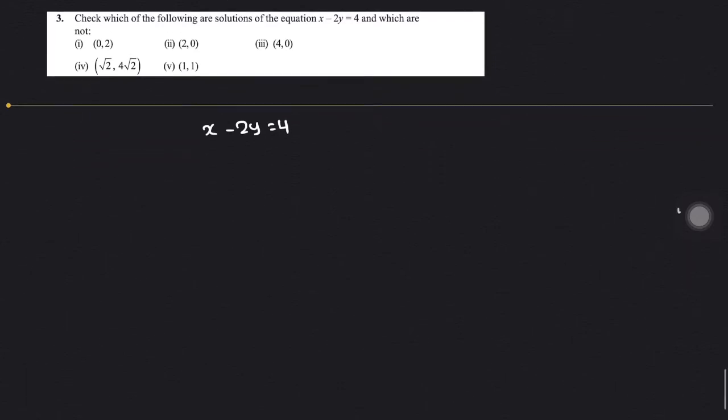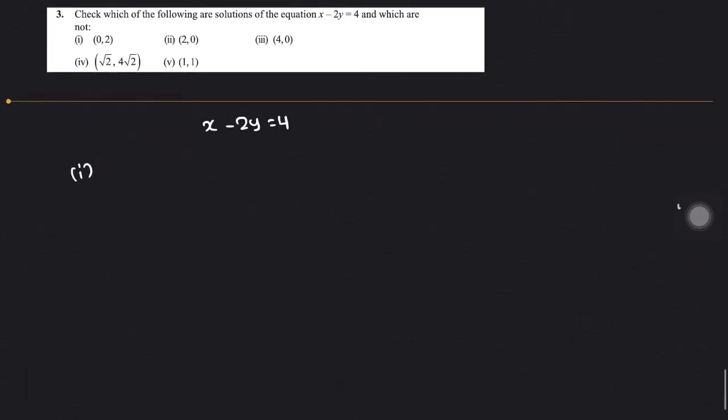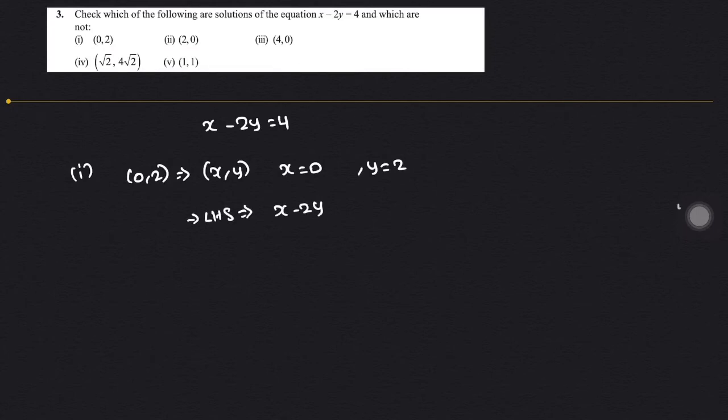Question number 3: check which of the following are solutions of the equation x minus 2y equals 4 and which are not. The first one, (0, 2). Just substitute the values, that means x comma y, so x equals 0 and y equals 2. Take the LHS, x minus 2y, then substitute the values.